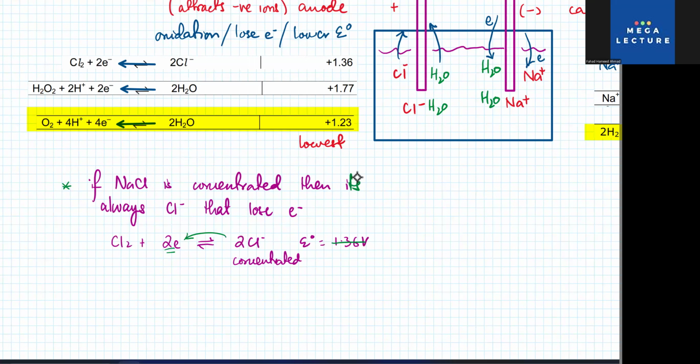So your electrode value decreases. There's more electrons getting produced. The equilibrium is shifting to the left, and more electrons get produced.